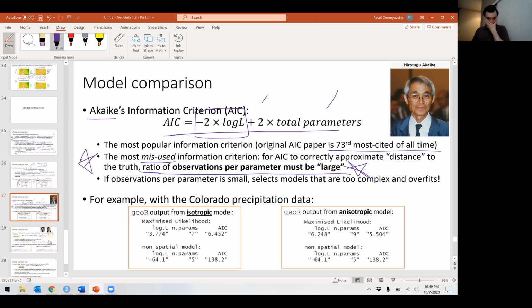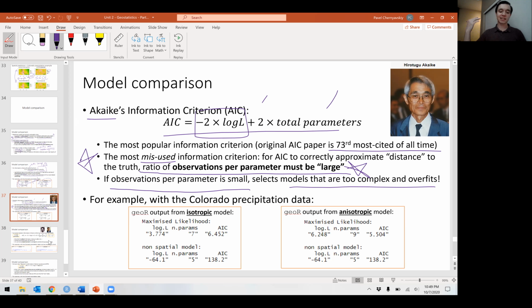And unfortunately, what they found was if the observations per parameter is small, AIC selects models that are too complex and tends to overfit. And I hear you asking, isn't that what it's designed to prevent? Hence the misuse, right?